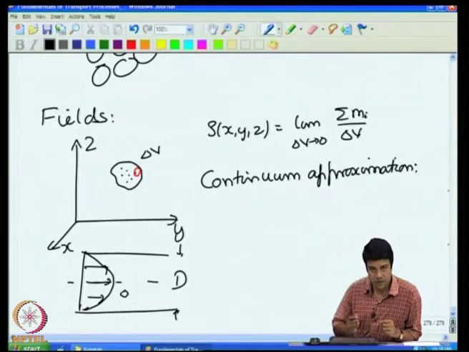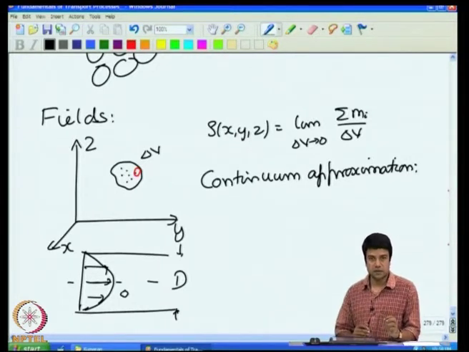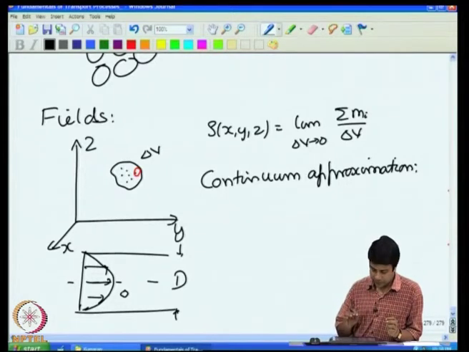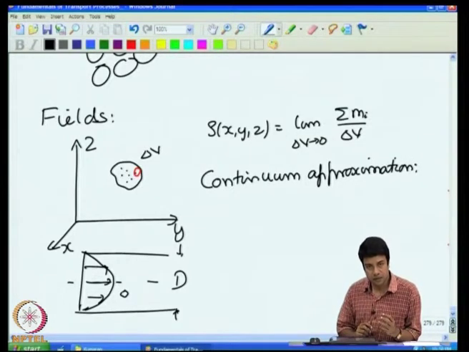The velocity is a varying function of position. In order to be able to define a unique value for the velocity, I require that this differential volume has to be small compared to the radius of the pipe, but still large compared to the molecular size.